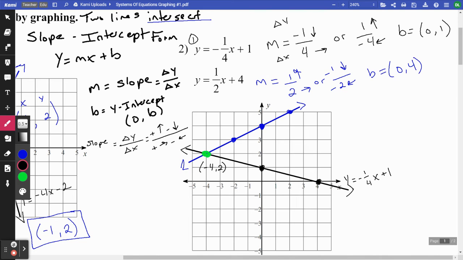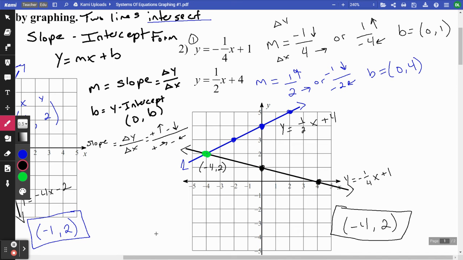So down here, I'll put -4, +2, and then I will box it so that way I know it's the answer. If you didn't do this in multiple colors, you need to label which equation is which. Okay?